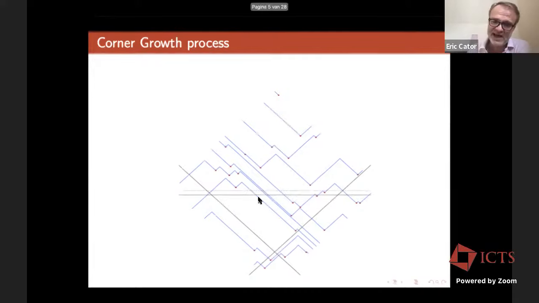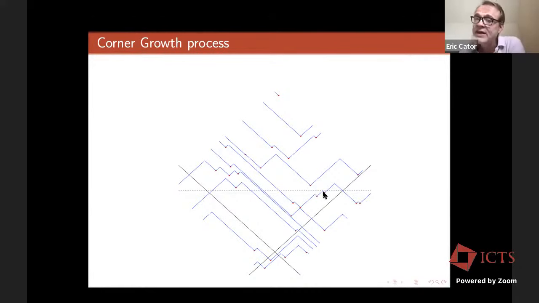As we move up in time, the positive particles just move to the right at unit speed, and the negative particles move to the left at unit speed. Sometimes a positive and a negative meet, and then they annihilate each other, so then they're gone. And sometimes you encounter a Poisson process, and this is like the birth of a positive and negative particle moving in different directions. So that's like this.